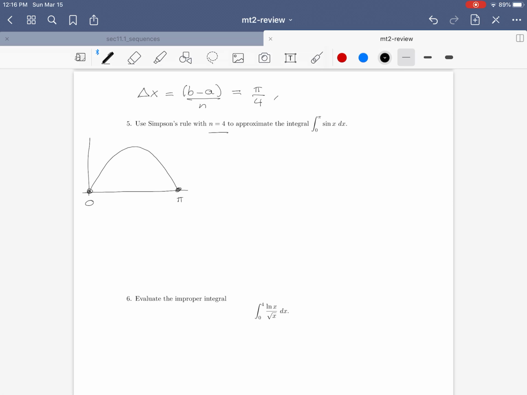So this gives us our values for x. x0 is of course 0. x1 is pi by 4. x2 is pi by 2. x3 is 3 pi by 4. And of course x4 is pi.